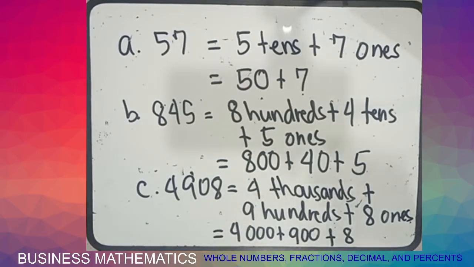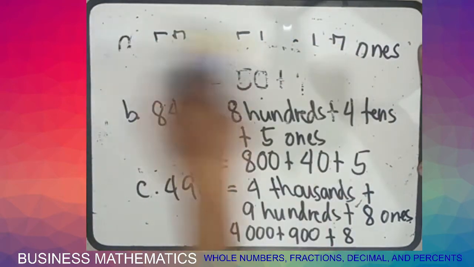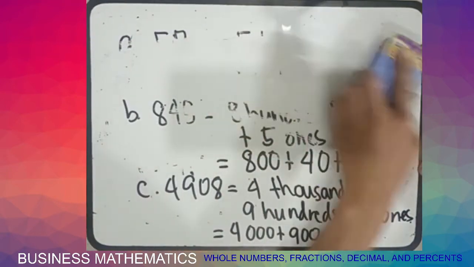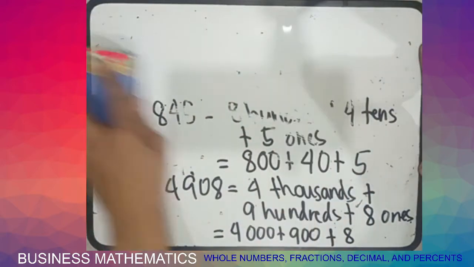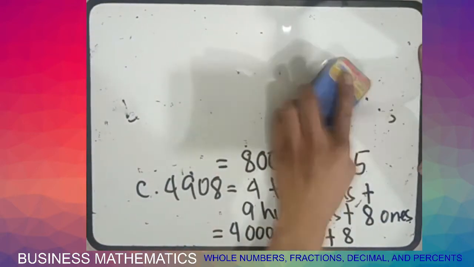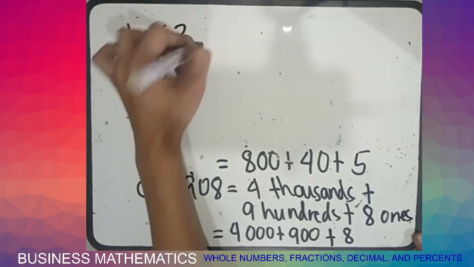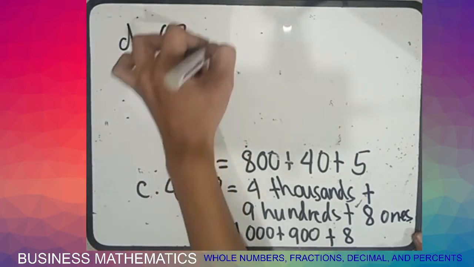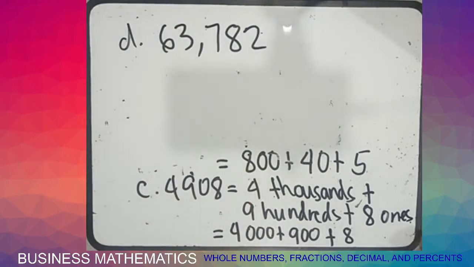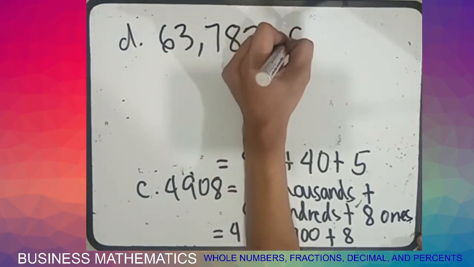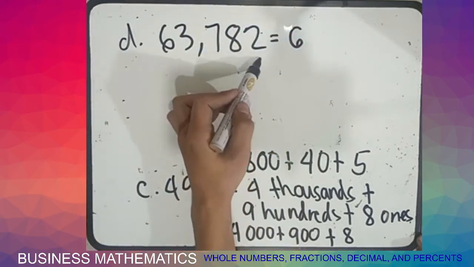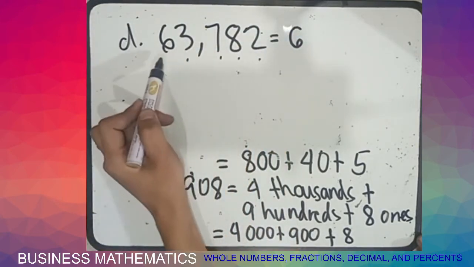So, last, yung letter D. Siya ay 63,782. So, pag sinulat siya sa expanded form, magiging 6, anong place value niya? Ones, tens, hundreds, thousands, 10,000s.